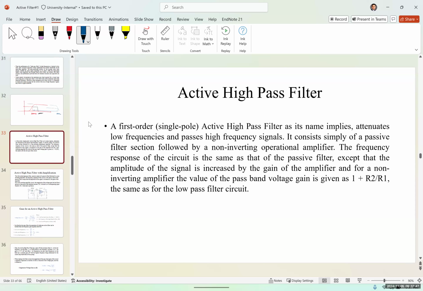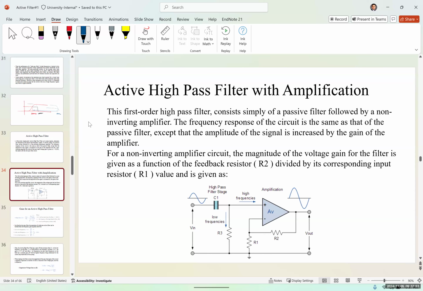So an active high-pass filter or a single pole active high-pass filter is usually composed of a non-inverting amplifier and a passive filter. This is an example of us connecting a non-inverting amplifier to a passive high-pass filter. The only difference between this and a passive high-pass filter is that this system gives us a gain and increases the voltage.